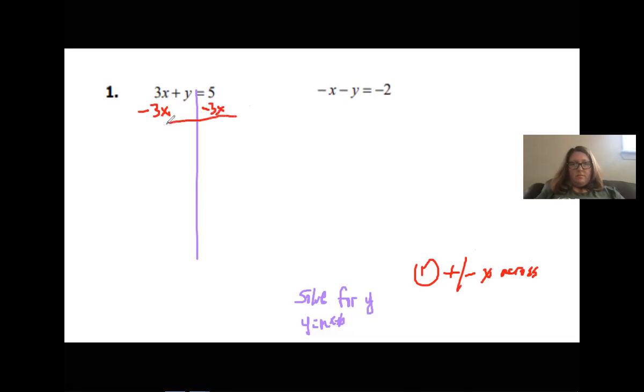And this is where kids will struggle, is they'll say 5 minus 3 is 2. No, don't do any arithmetic. You need to remember in foundations, we learned that you have to have like terms. 5 is a constant, negative 3x has a variable, so you can't put them together.